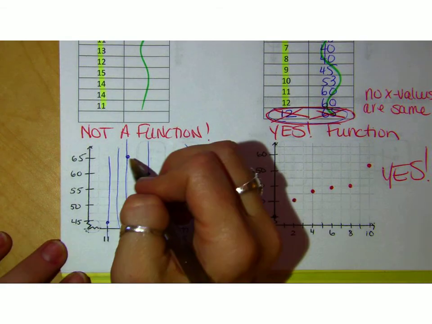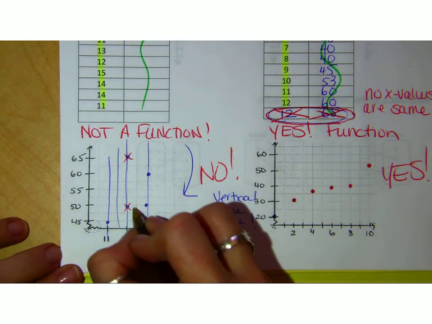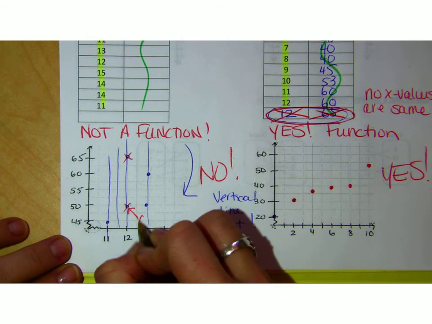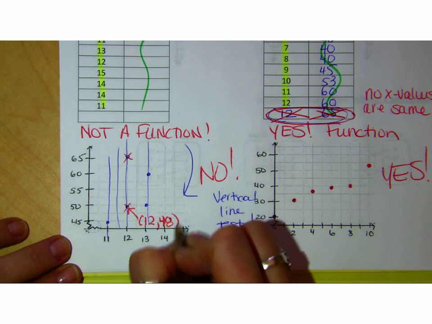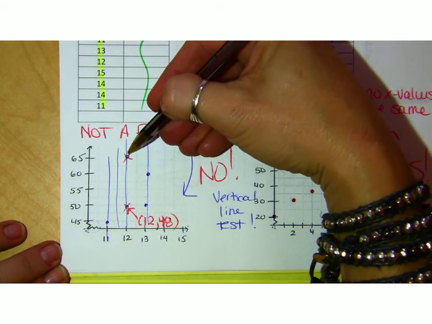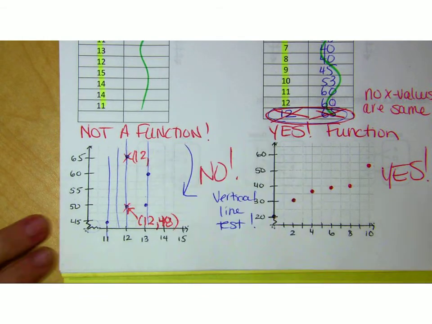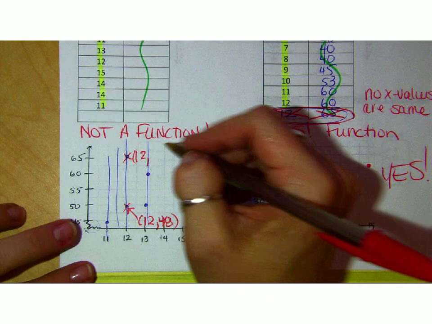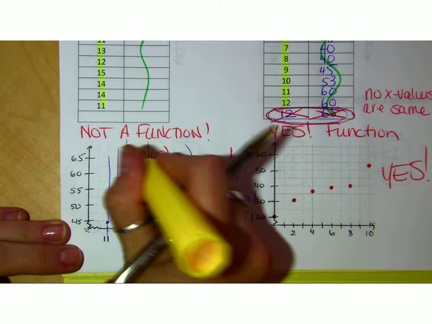Because what's the name of this coordinate right here? It's 12, 48. Right? What's the name of this point on the exact same line? 12, something else. Right? 65. And because 2 of the x values are 12, it is not a function.